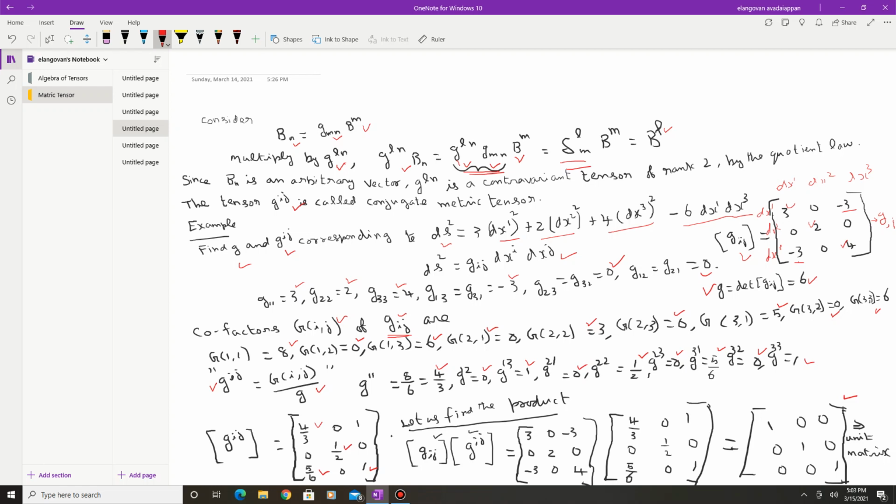So one matrix is the inverse of the other. The contravariant symmetric metric tensor is the inverse of the covariant metric tensor.